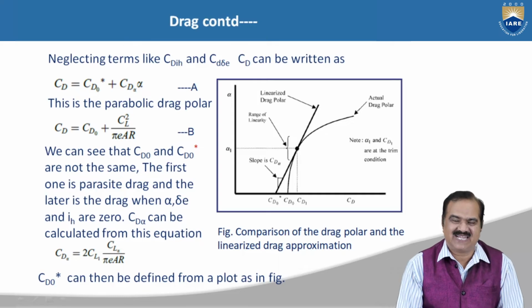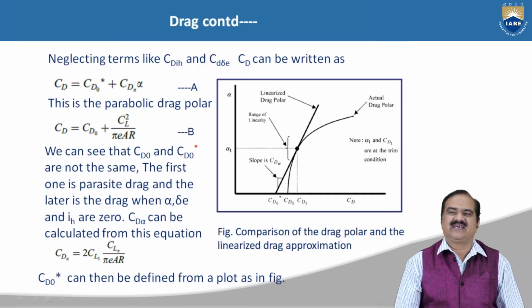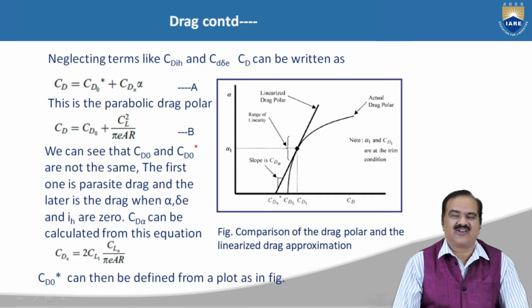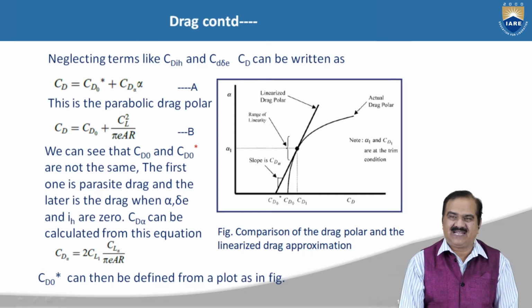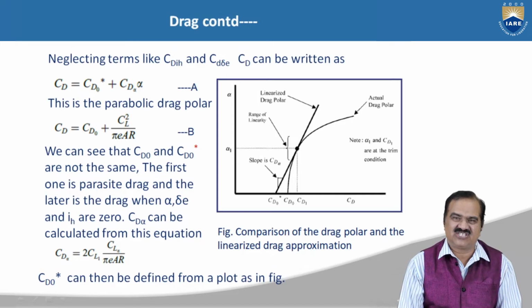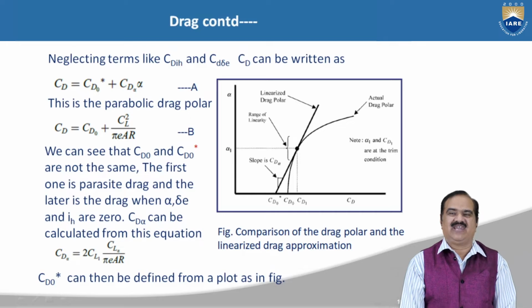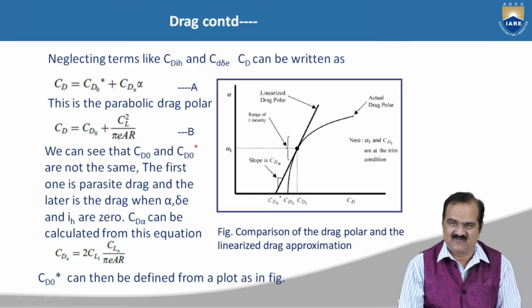So we can see that CD naught and CD naught star are not the same. The first one, CD naught, is parasite drag, and the latter one, CD naught star, is the drag when alpha, delta E and iH are 0.